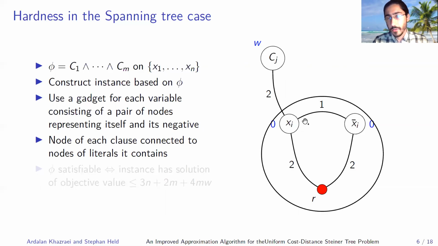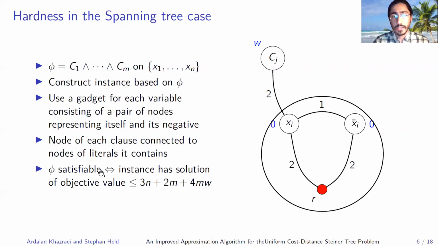Now, one may verify that a good solution will always pick the edge of length 1, and these clause nodes will have a shorter path to the root if at least one of their literals has a representing node which is directly connected to the root. And these are the literals that we interpret as being evaluated to true.